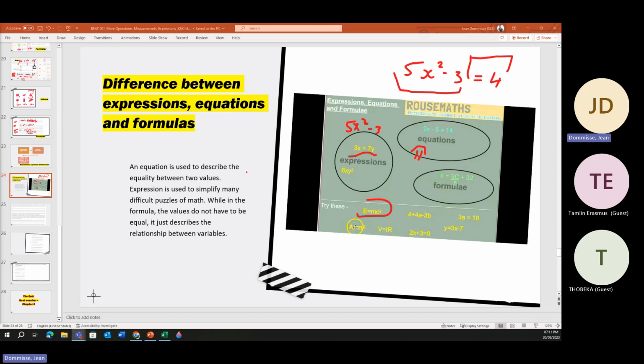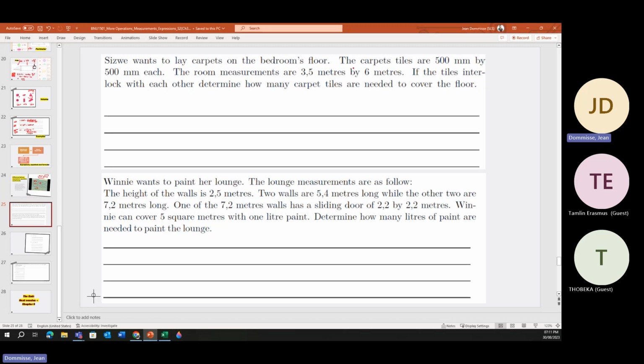So that is something that they can ask in an expression, but then it will be nearly like a word sum. So let's look at these two first. We look at if it is an expression, if it is an equation that you need to solve, or if it is something else that you need to do.